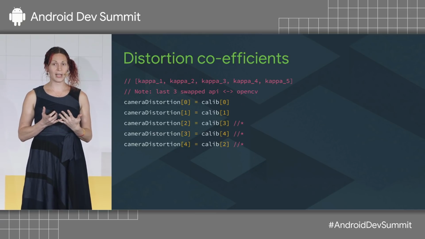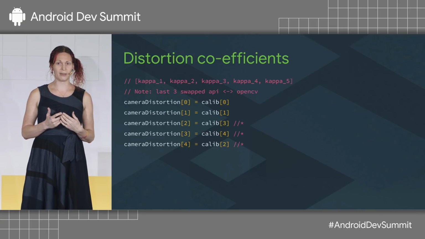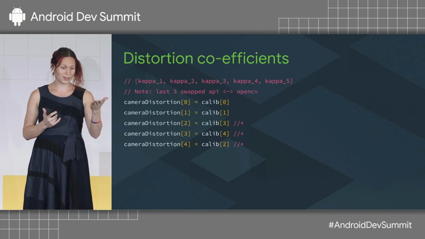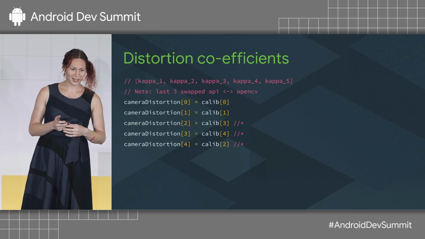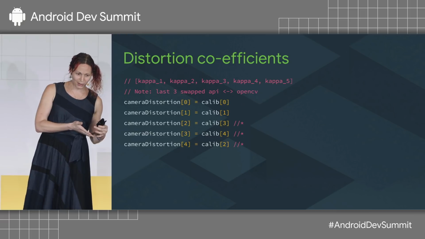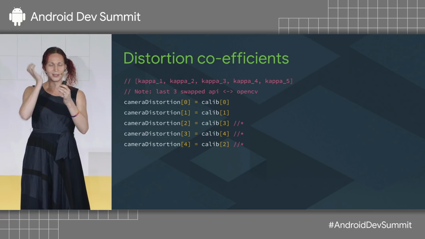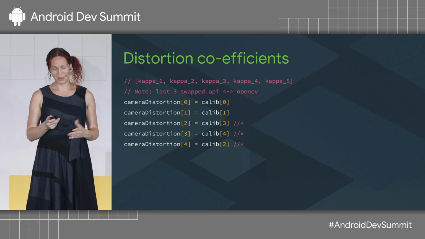Again, they are 5 values, but the OpenCV library uses them in a different order than the values you get out of the API. So you just need to know that it goes 0, 1, 3, 4, 2. The good news is if you use them in the 0, 1, 2, 3, 4 order, when you undistort your images, they look like they've been in a whirlpool. So you're sure something's wrong with those coefficients.